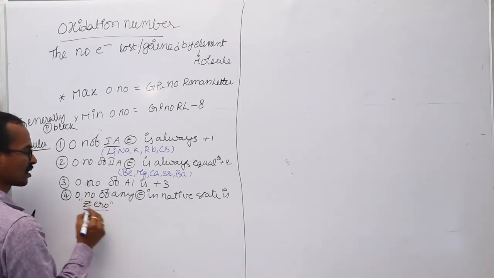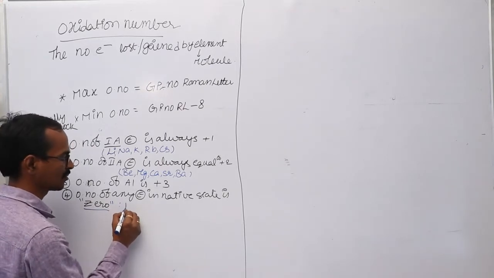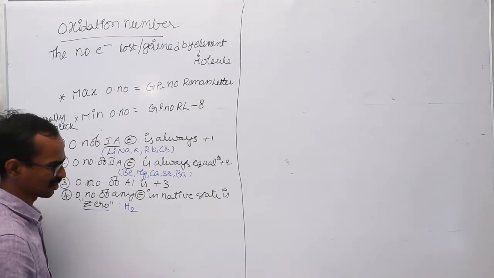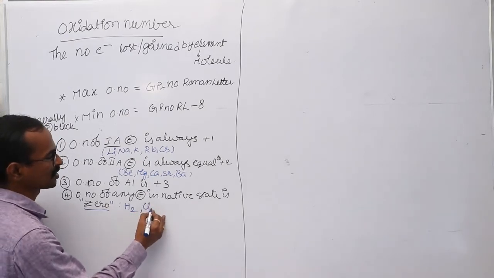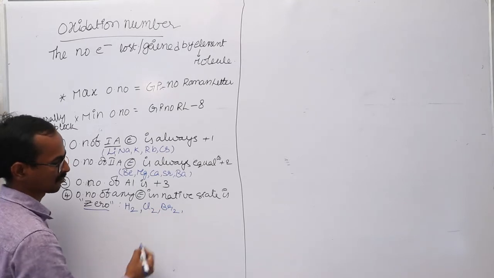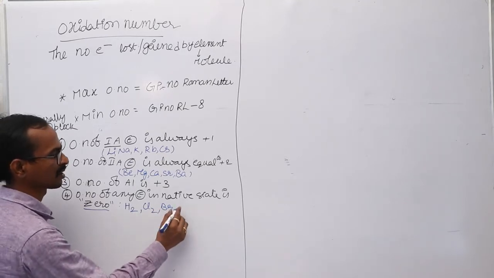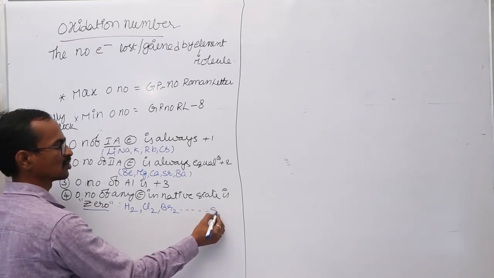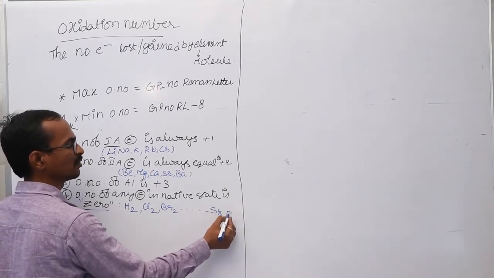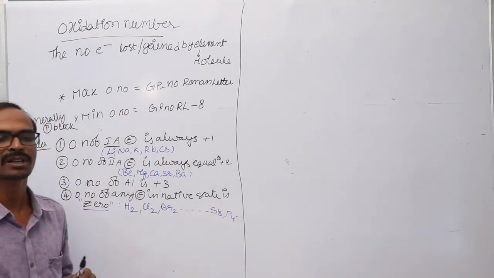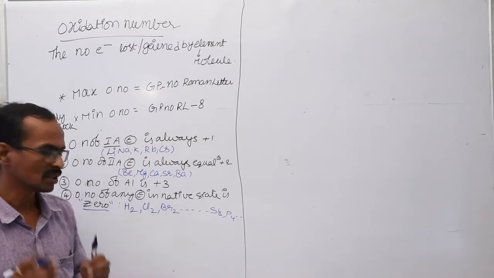That means for native state, for example H2 at STP conditions, the state in which it exists: H2, Cl2, Br2, like this. Then the oxidation state is 0. S8, P4, like this. For all these elements, the oxidation number is always equal to 0.